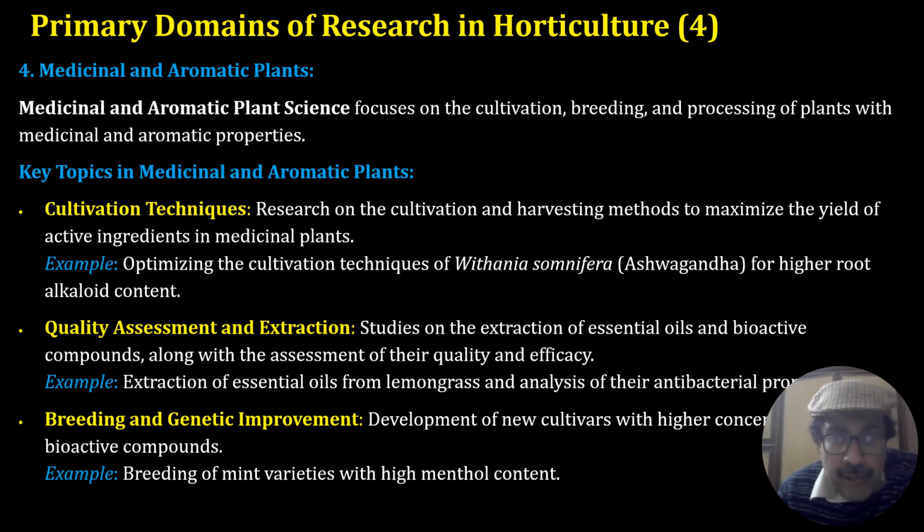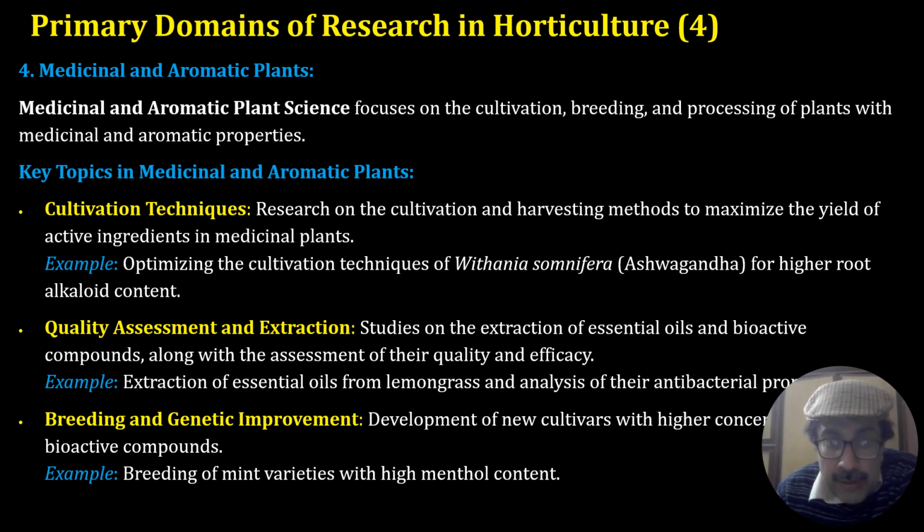And now we have the final primary or key domain of research in horticulture, and that is conducting research in the area of medicinal and aromatic plants, which focuses on the cultivation, breeding, processing of plants having curative powers. That's why we call them medicinal and aromatic plants.